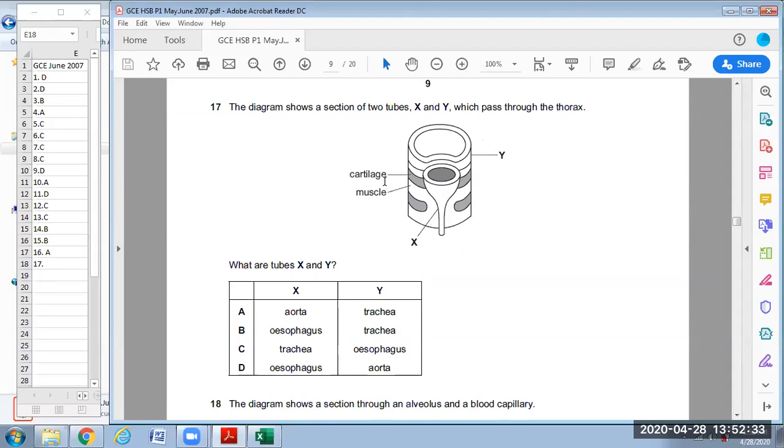So we have cartilage, we have muscle. All right, so let's see. Y is looking like the trachea. And the tube behind that is where food enters, which is narrow. So that's X. All right, so B.